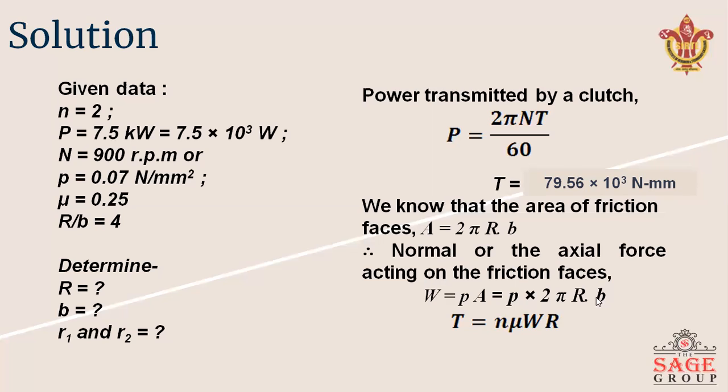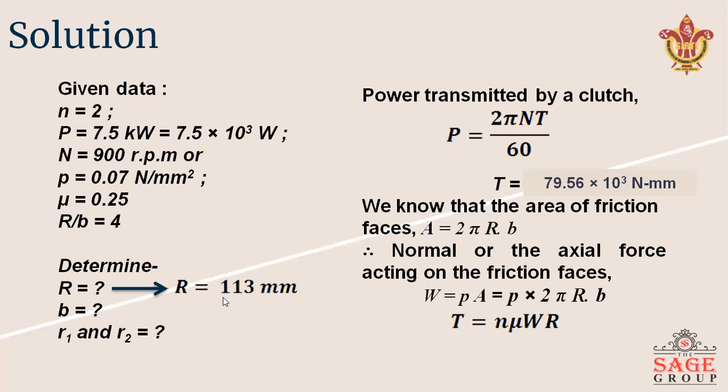So we substitute R by 4 here. This gives an equation only in terms of capital R. So we put W in the equation for torque transmitted by the clutch. There is only one unknown in this equation, that is capital R. So we get the value of capital R after solving this equation.